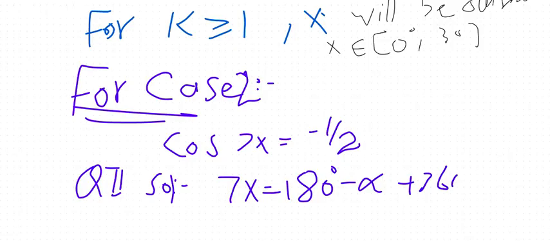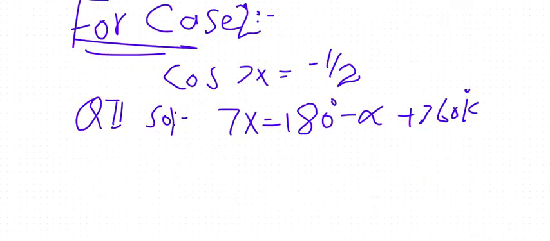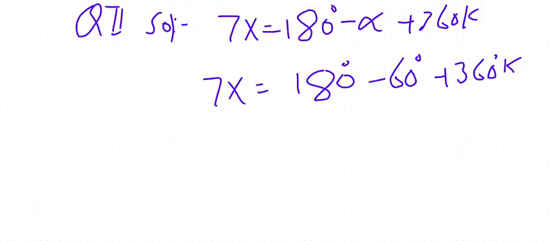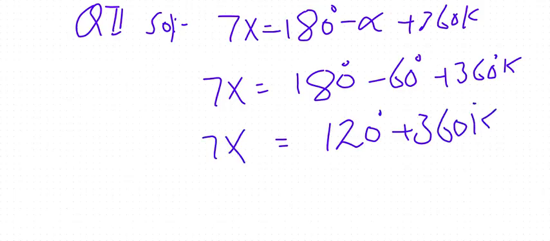So what is the solution for this? We have 7x equals 180 degree minus 60 degree plus 360k, which is 120 plus 360k. So x equals 120 by 7 plus 360 by 7 k, in degrees.